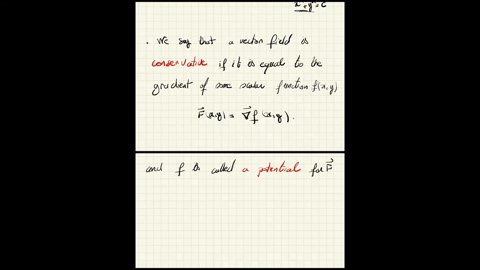It'll take longer, but the energy is the same. You have to give the same amount of energy to move from a point A to a point B, whatever the curve we choose.